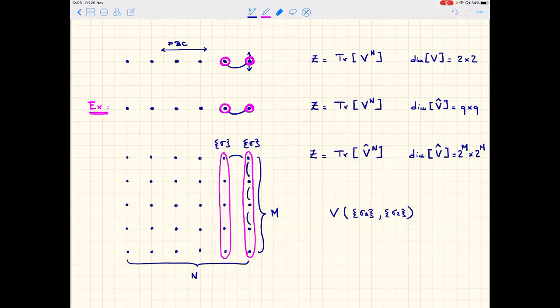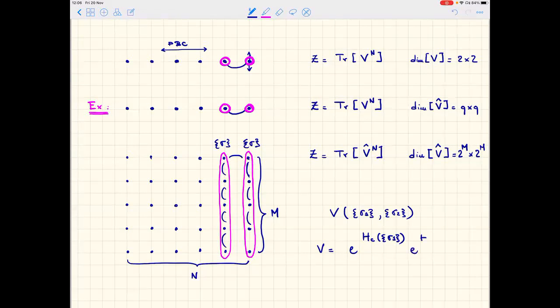Now, we should do all the calculation in detail, but you see that once I fix the configuration, sigma 2, it's not hard to write down the energy of the column itself. In other words, V in this case is going to have two contributions: e to the H of the column with sigma 1. This is the Hamiltonian of this column with all the interactions evaluated on the configuration sigma 1.